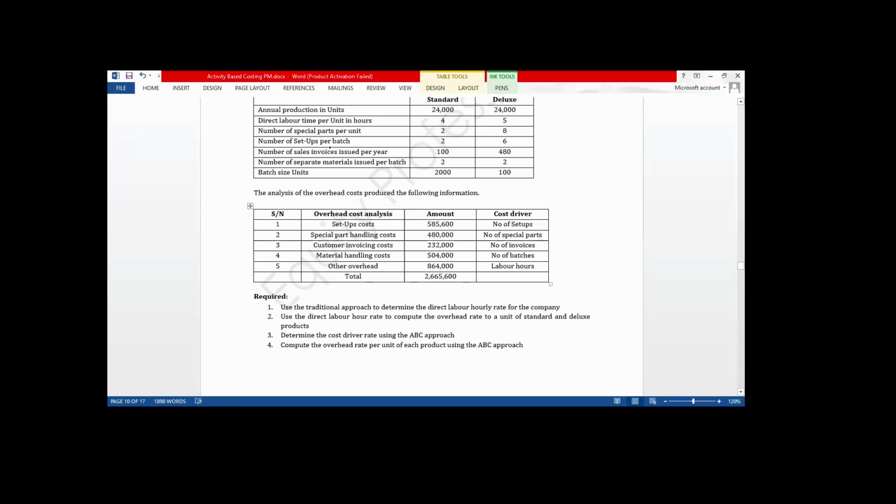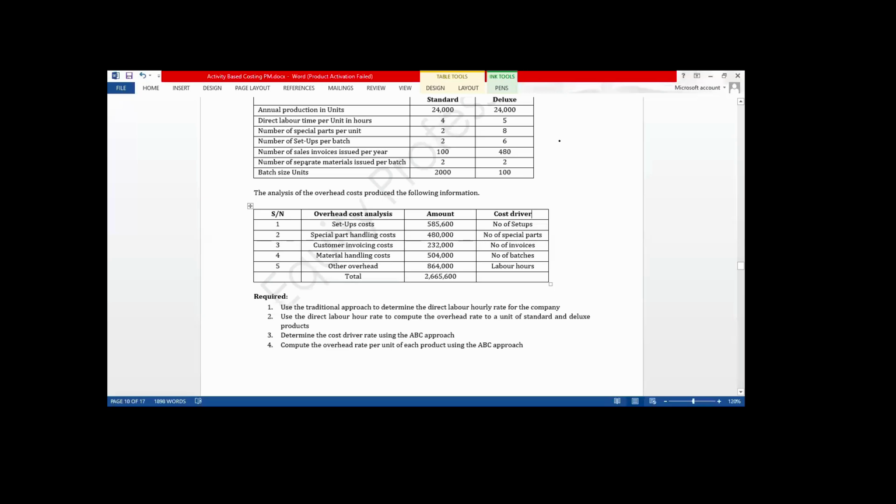Number of setups per batch for standard 2, for deluxe 6. Is that clear? Now check the separate materials. He gave 2, 2. Number of separate materials issued per batch 2, 2. That's not a problem.